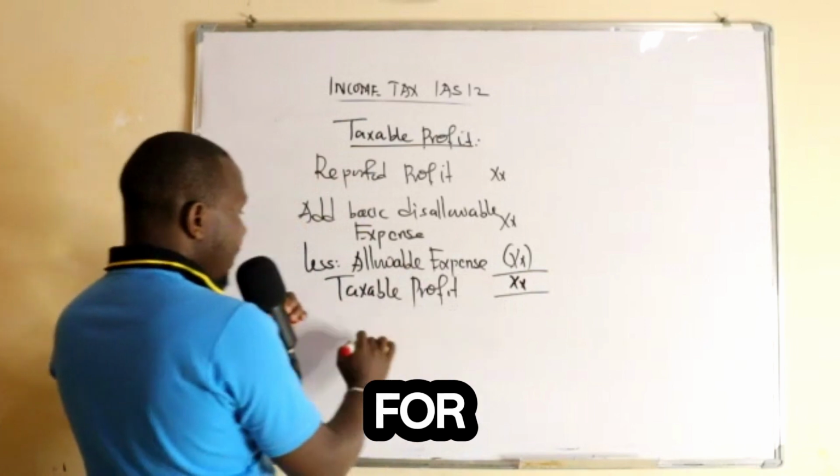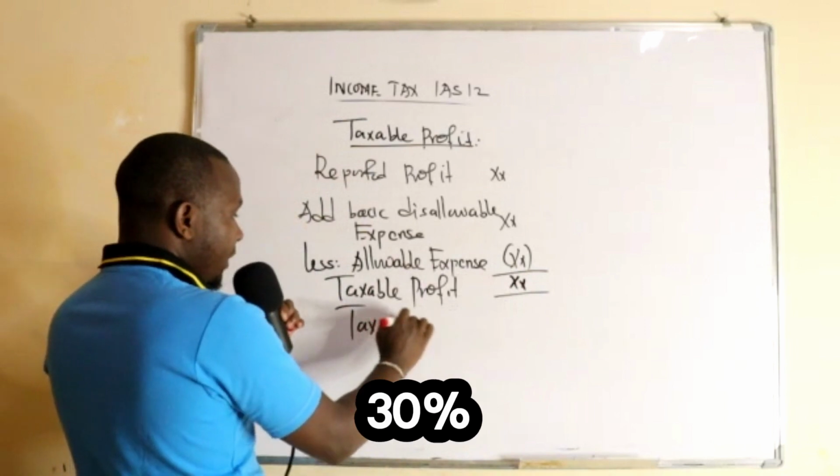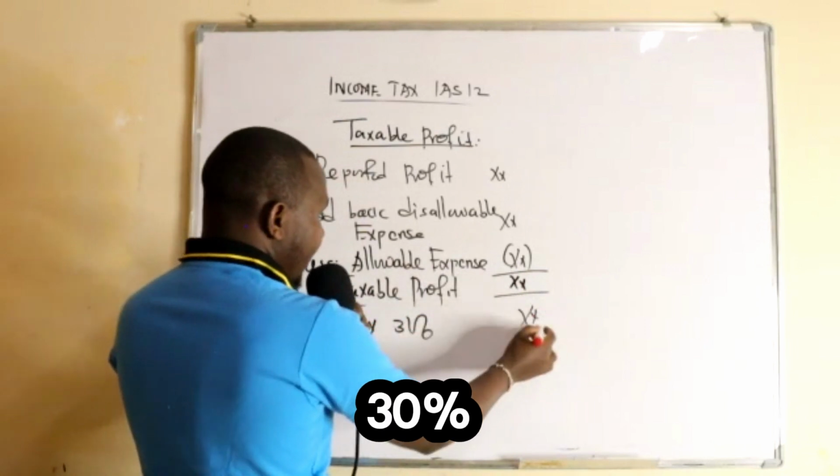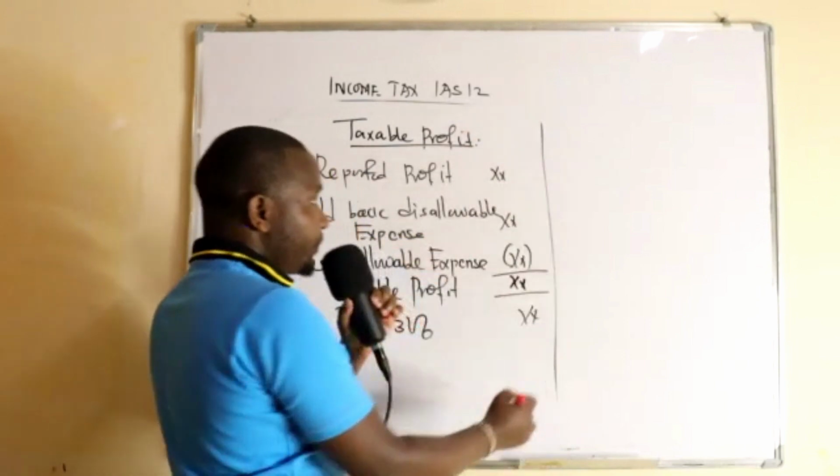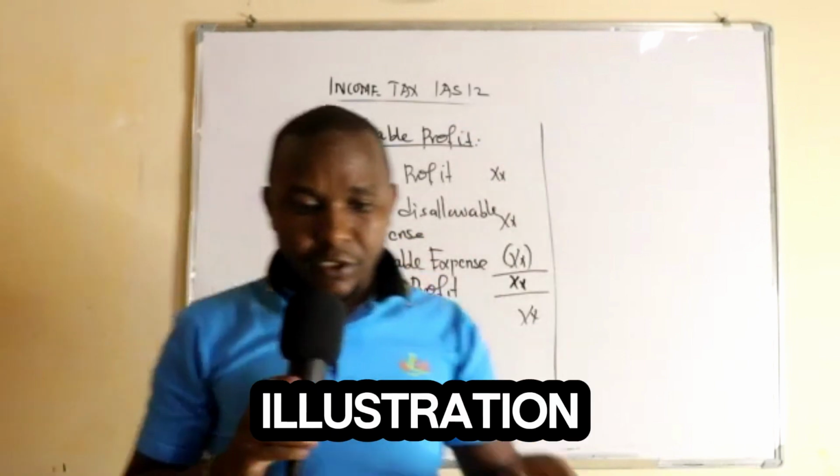So from this now, for you to get the tax, you take the 30% of that. So let's have an illustration.